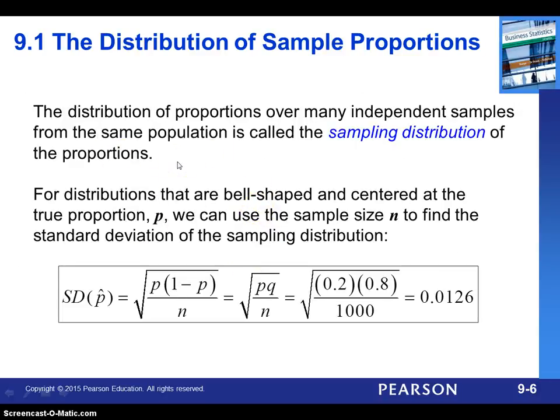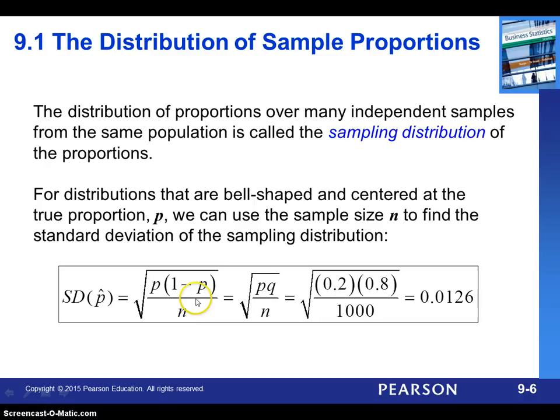So what we basically want to do is, from all these samples that we take, and again we're going to take a lot of them if we can, or use a computer to bootstrap to create many samples from a few, create a sampling distribution. And again, that should be a normal curve centered at p, the true proportion, with a standard deviation of the square root of p times 1 minus p over n, so in our example 20 times 80 over n.